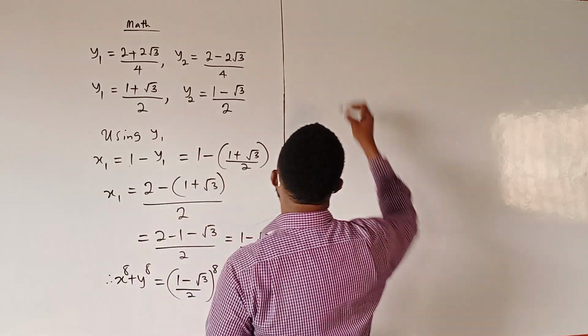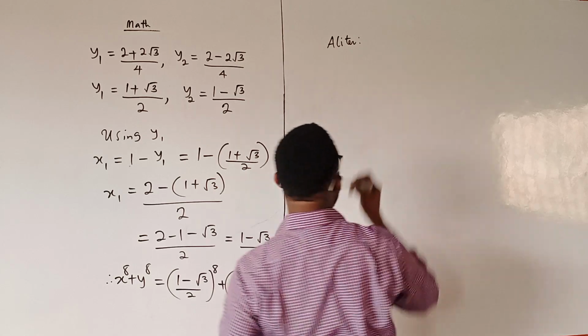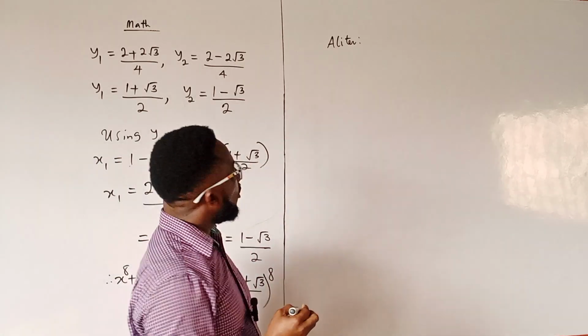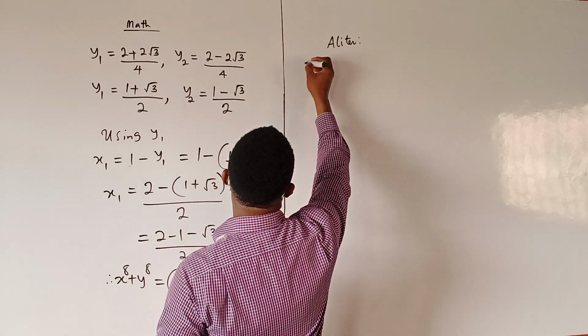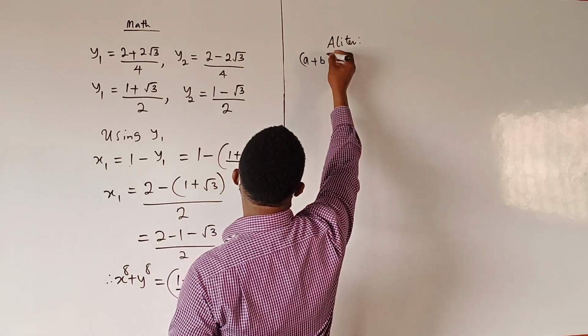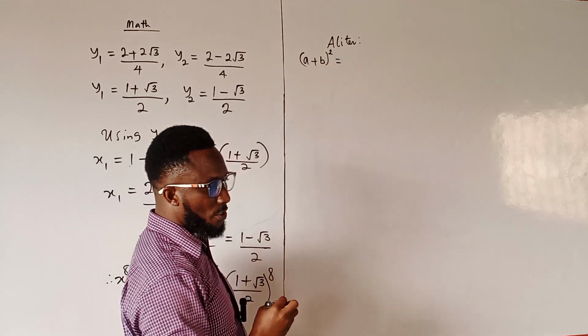But the alternate approach is quite interesting. We are used to this well-known binomial formula, (a plus b) all squared. This is called the square of sum.